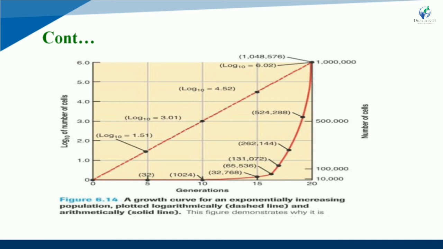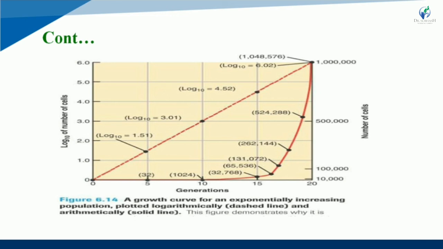We already discussed that the graph is plotted as generation versus logarithmic value. Generation is 0, 5, 10, 15 and so on, while the logarithmic number of cells is 0, 1, 2, 3, 4, 5 and up to 6.